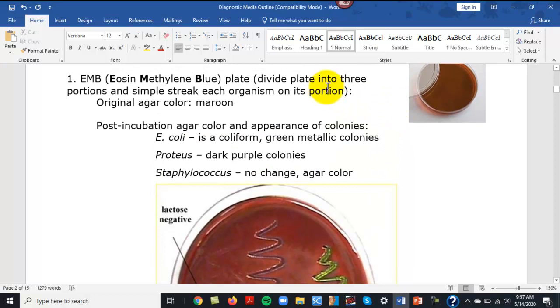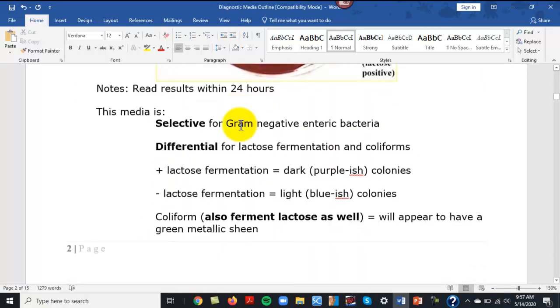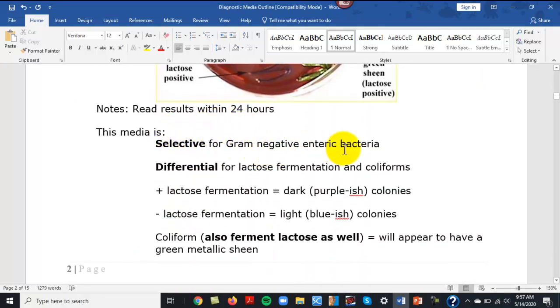So for each one of these tests, for instance, this Eosin methylene blue agar, you have to know what you are testing for. It is selective for gram-negative enteric bacteria, enteric meaning the gut microbes that are part of the mammalian digestive tract. Selective means it will only support growth of certain organisms. It's very selective. Differential means that the media will change colors depending on whether or not they can ferment certain substances.